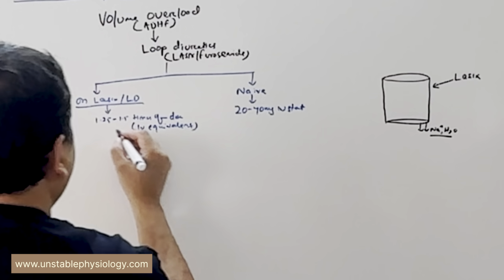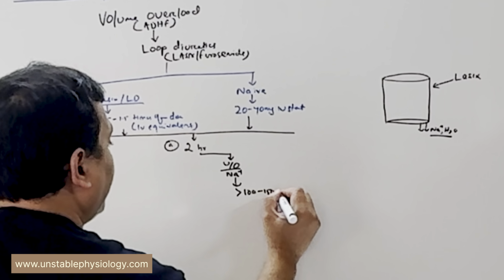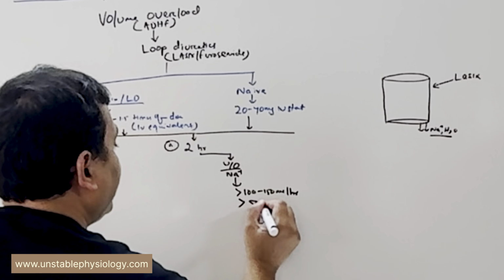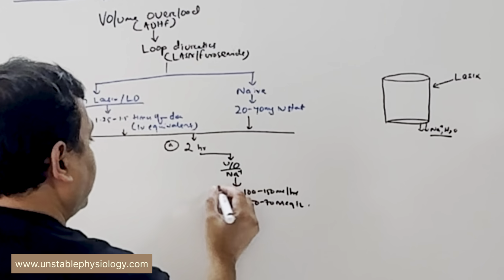If urine output is more than 100 to 150 ml per hour and sodium is more than 50 to 70 milliequivalent per liter in the urine, then we will continue the same dose. Here also you can repeat the dose, because you know that this is working.